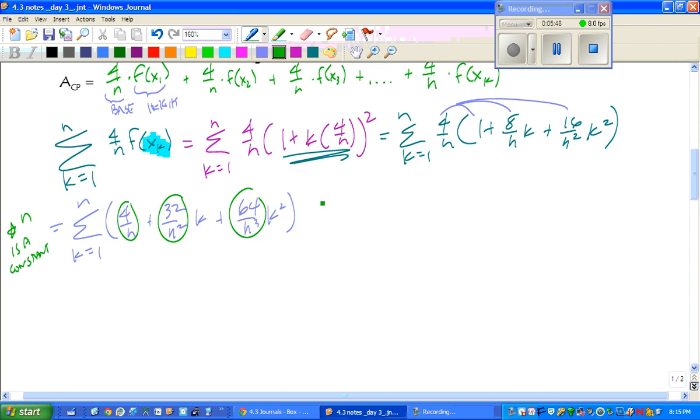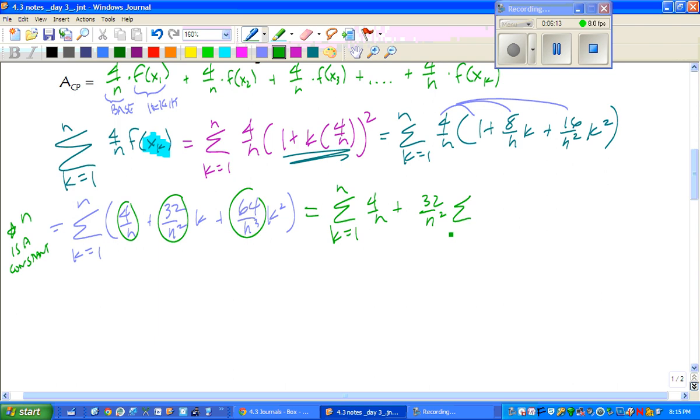Now, those rules that we talked about on Friday with sums come into play here. We can split this up. Remember, with addition, we can break it into smaller pieces. So that's what we're going to do here. We're going to take the sum from k equals 1 to n of 4 over n plus this 32 over n squared. I'm going to bring that out in front of the next one.